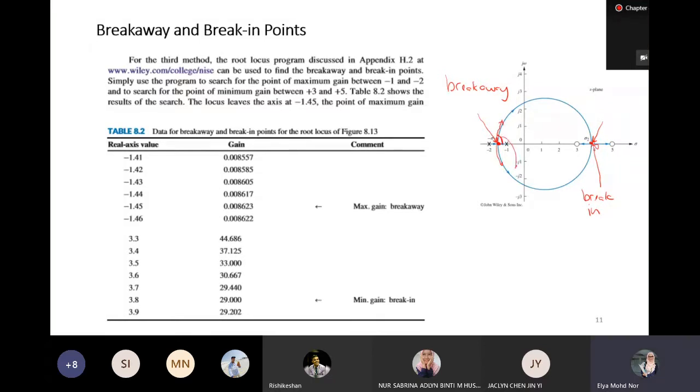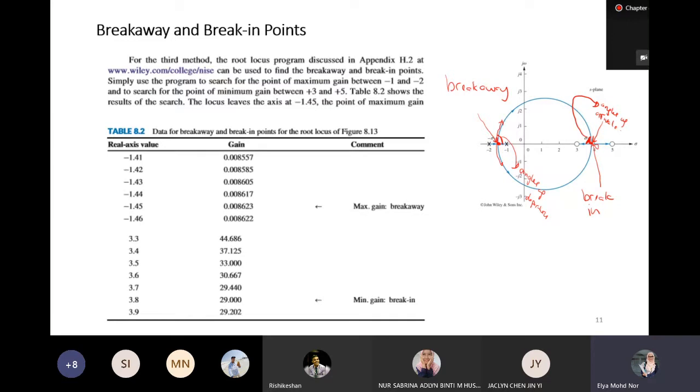So this is the angle of departure. And the angle of arrival, what is the angle here that it starts to collide back, meet again? So this is the angle of arrival.